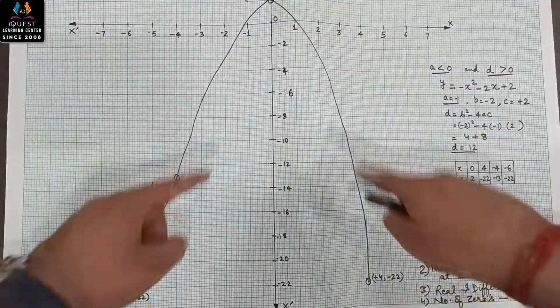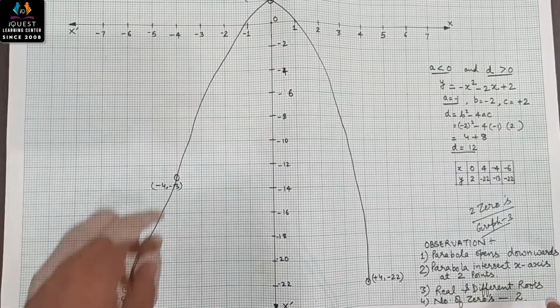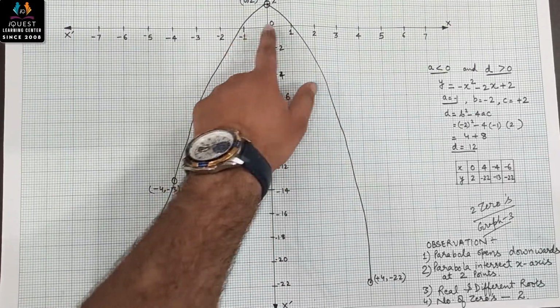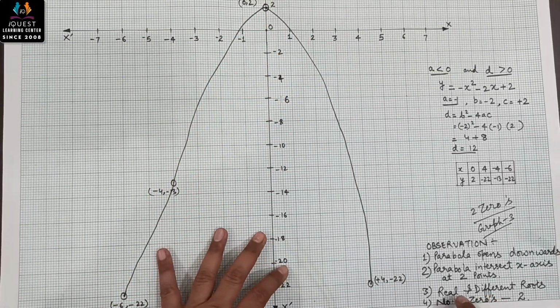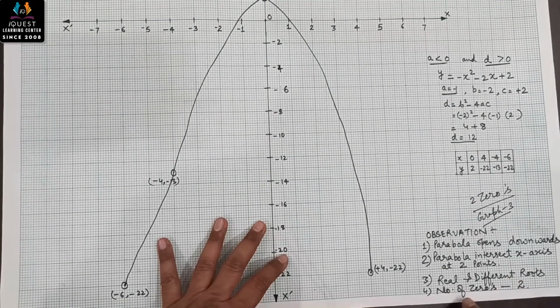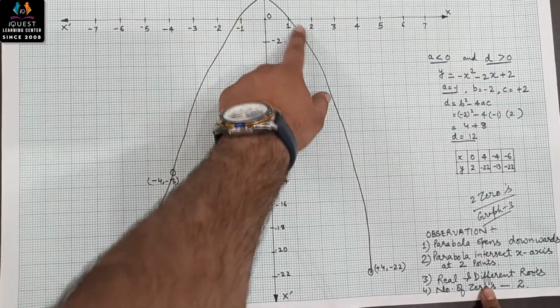As you can see, it's downward. The parabola intersects the x-axis at 2 points. It's cutting the x-axis at 2 points. It has real and different roots. Number of zeros: it has two zeros, one here and one here.